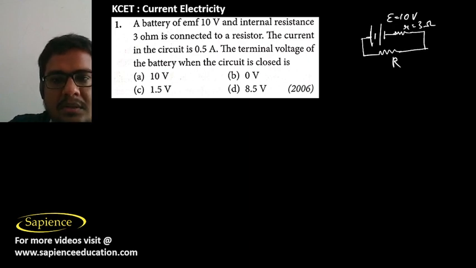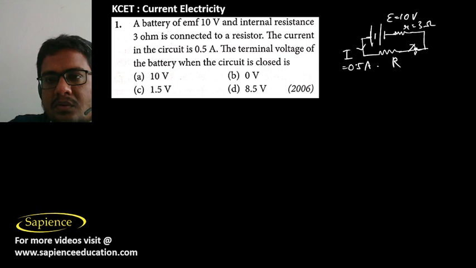Then the current I in the circuit is 0.5 ampere. The terminal voltage of the battery when the circuit is closed is. So here there is one switch. When the switch is closed, what is the terminal voltage of the battery?